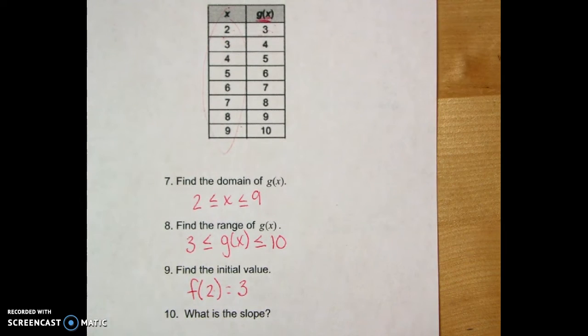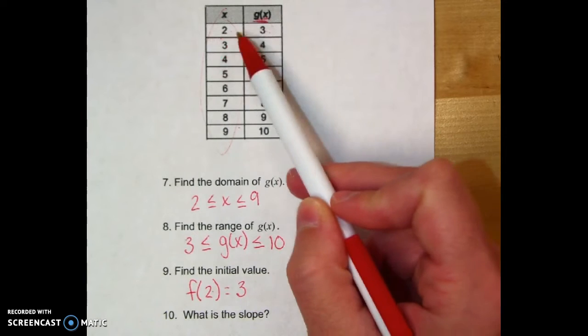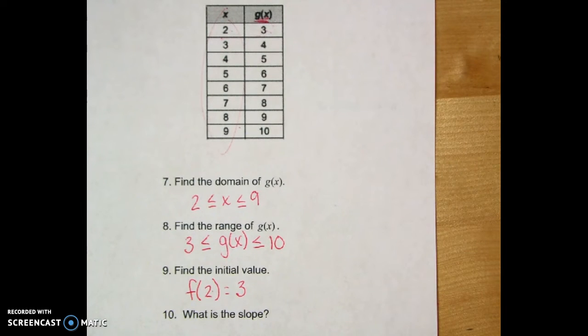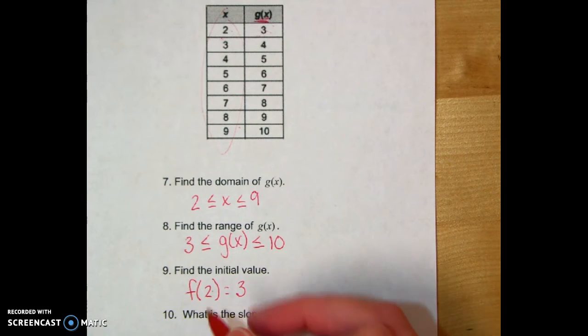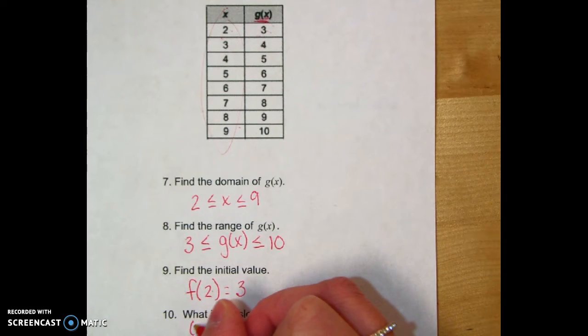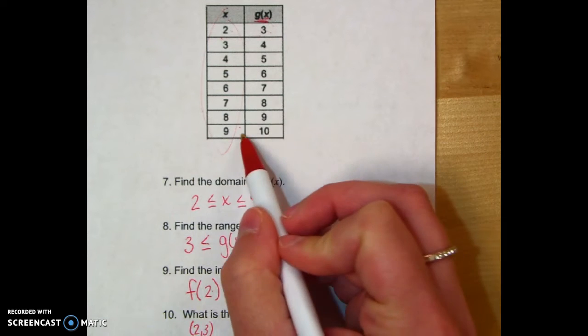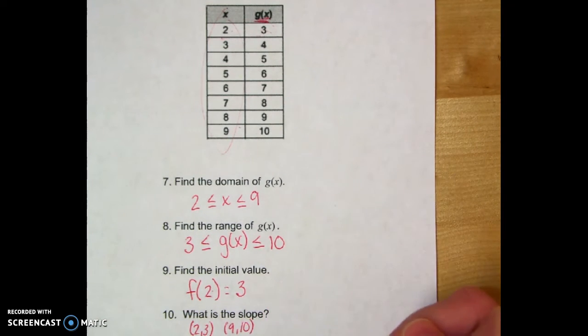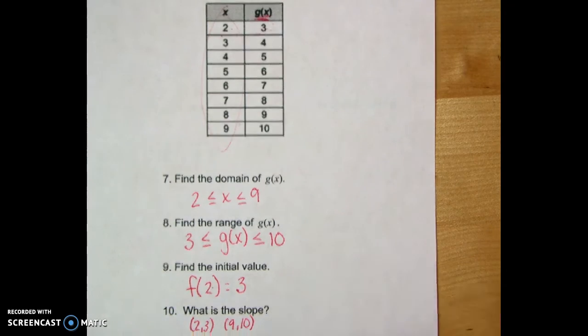Okay, what is the slope? So on this one, you choose 2 points. So these are each point. So (2, 3), (3, 4), and so on. I'm going to use (2, 3), and I'll use the last one, (9, 10). So it's similar to what we did over on number 4, but it's not exactly the same.